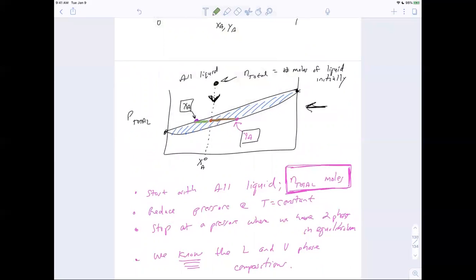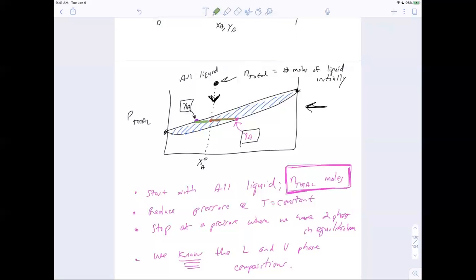Okay. So what we find is that the ratio of liquid to vapor is given by these distances on the phase diagram once we know where we are, what pressure and what compositions for the individual phases. And it turns out that the liquid to vapor ratio is just this length divided by this length.